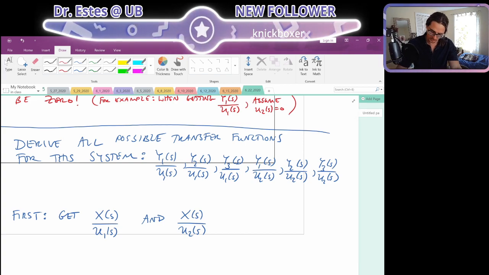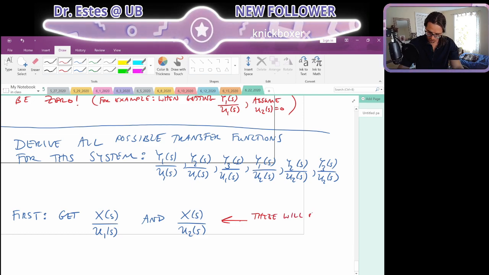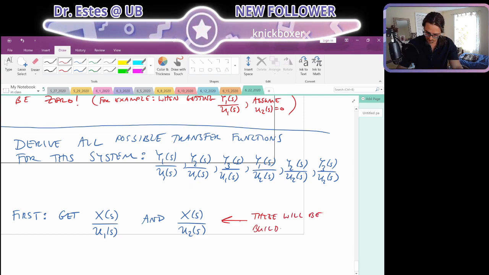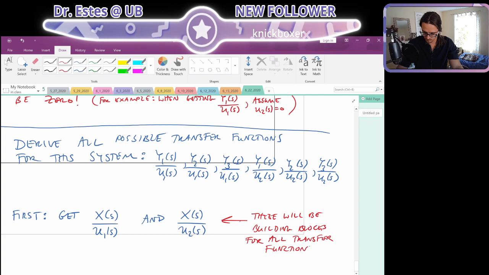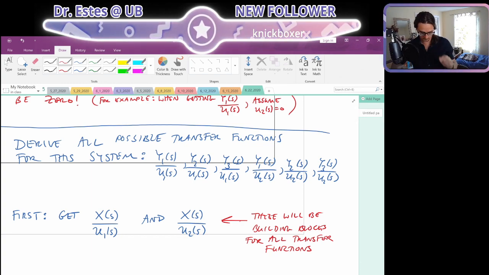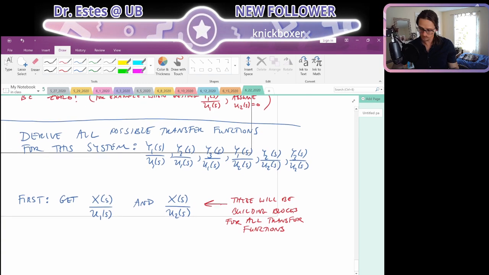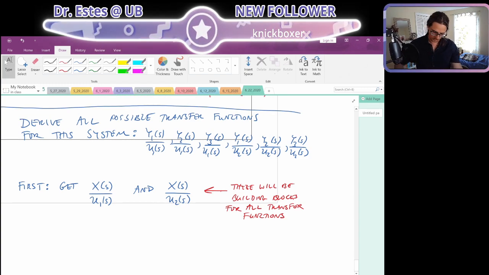The reason I want you to get these is that they will be building blocks for all of these transfer functions. So if you get these right at the beginning, they'll save you work down the line. All right, let's do it.